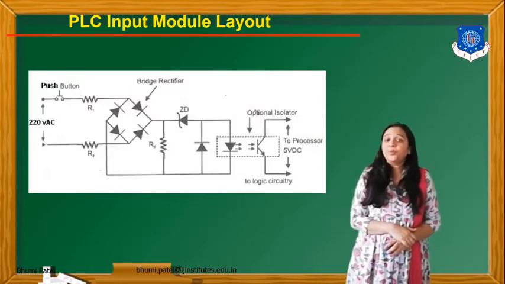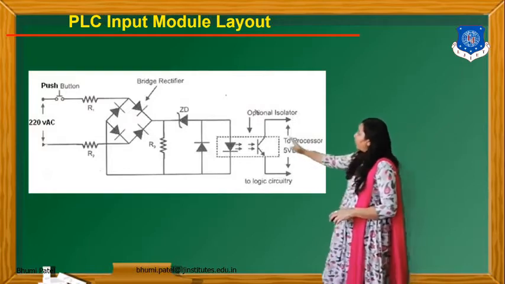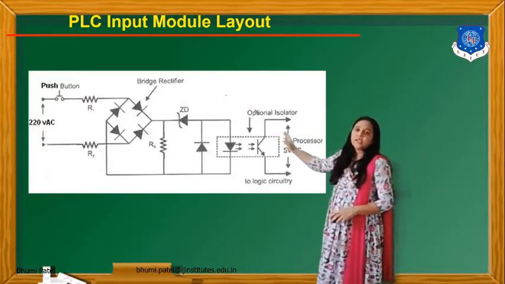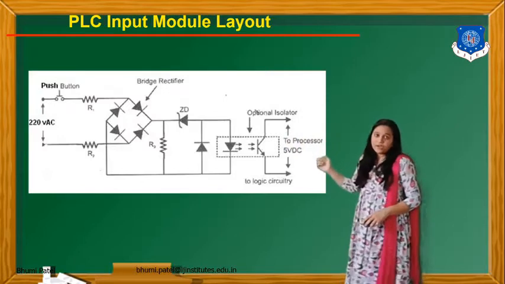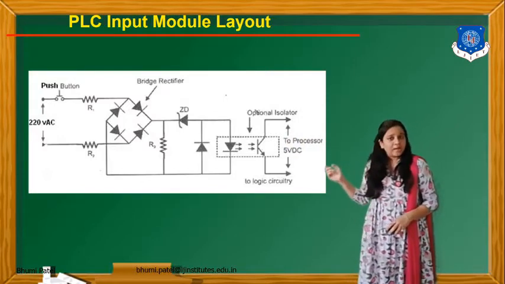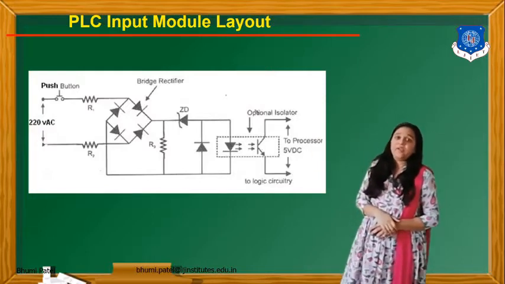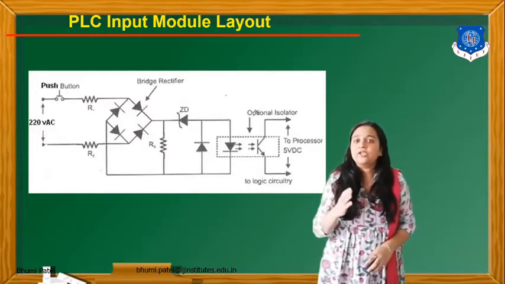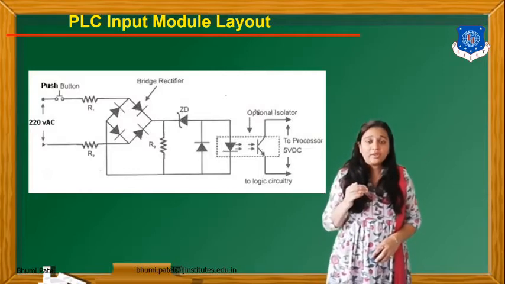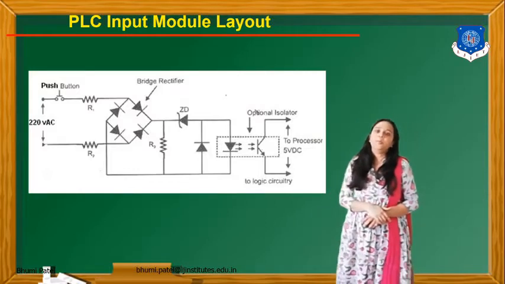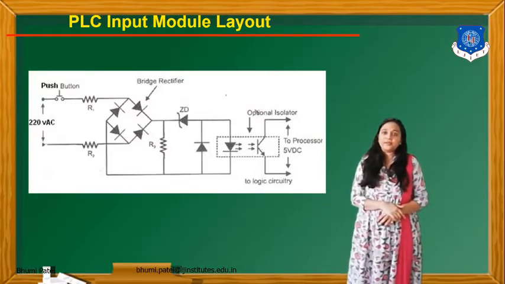So the input module converts the 220 volt AC input to the DC voltage required by the PLC CPU using the bridge circuit, and the optical isolator provides the logic circuitry for the input module. Okay, clear?